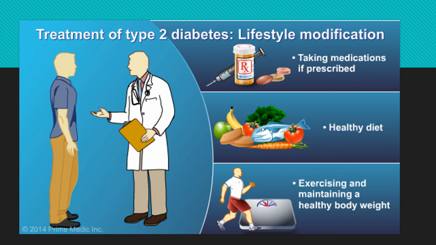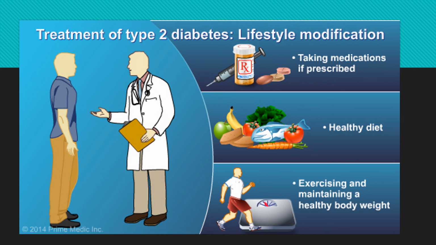Treatment of type 2 diabetes is a little different. Taking medications, sometimes they are prescribed. These medications work differently than insulin. They're not insulin. The body is already producing insulin, but it's just not using it. So these medications help the body to use that insulin. However, medications might not be needed if you're able to manage it with a healthy diet and exercising.